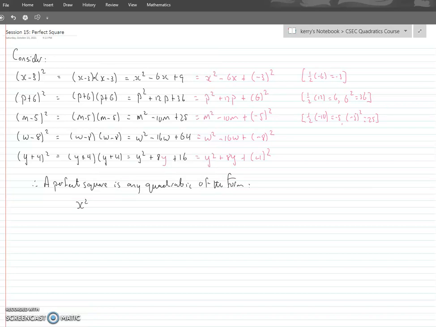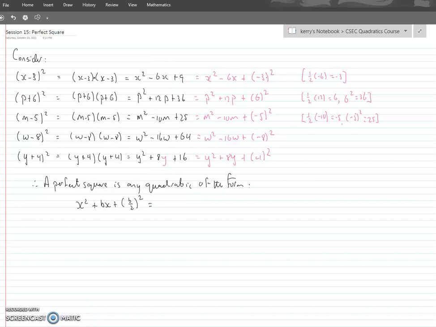Now also look at all the coefficients of the squared terms. The number in front of all of these is 1. Remember, when a variable is by itself, it doesn't mean the number is missing. It just means that we left out the number 1. So it's x squared plus bx plus whatever b is, you find a half of it, or you divide it by 2, squared.